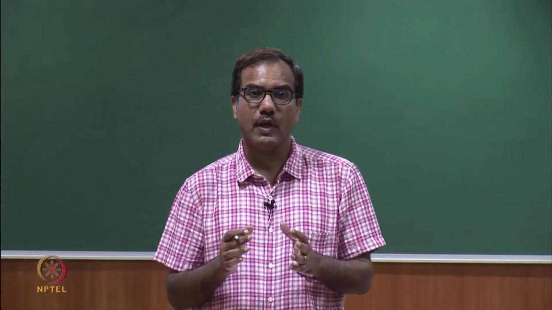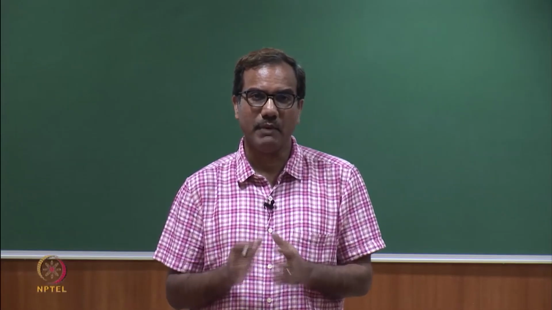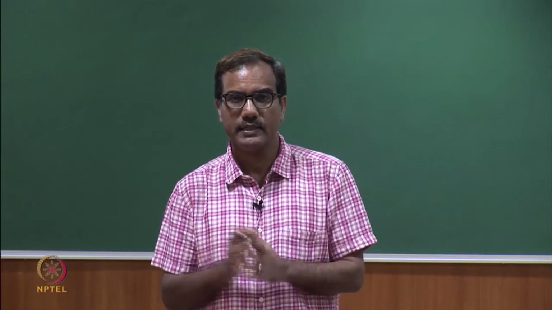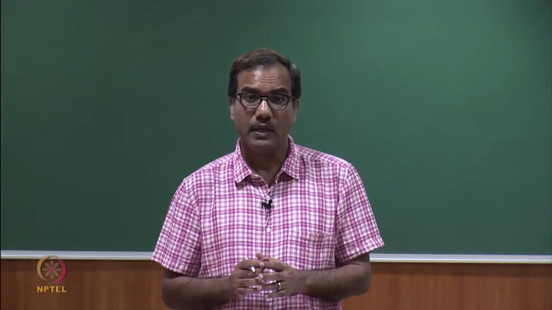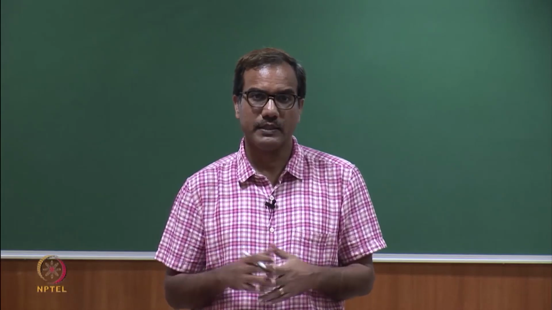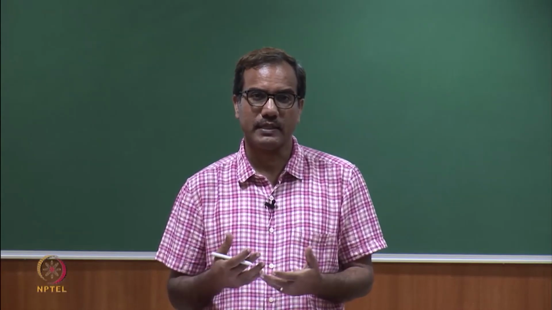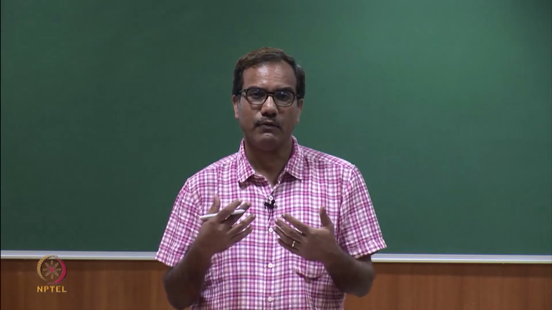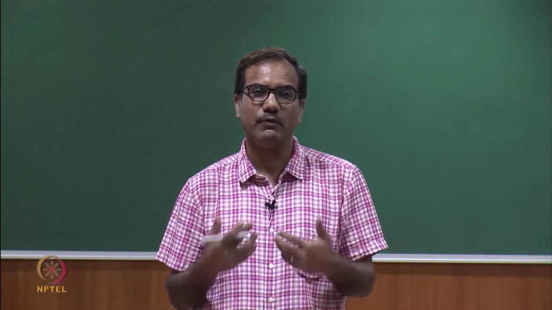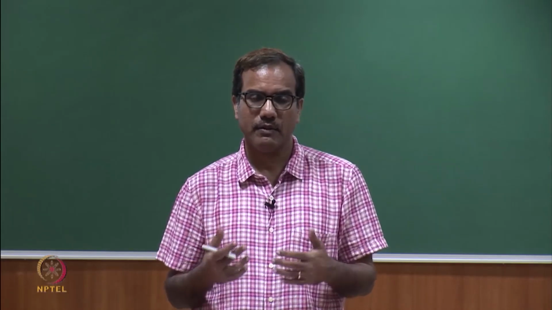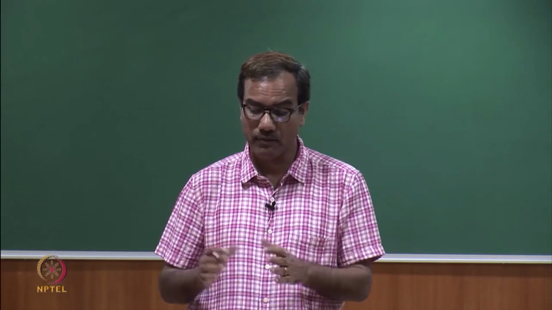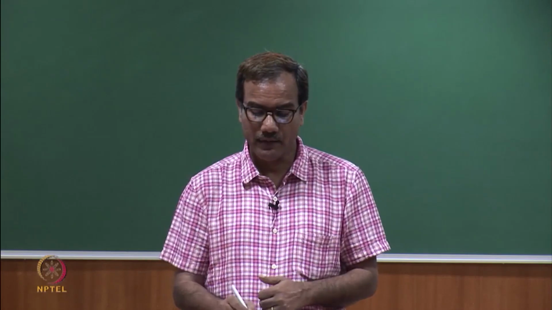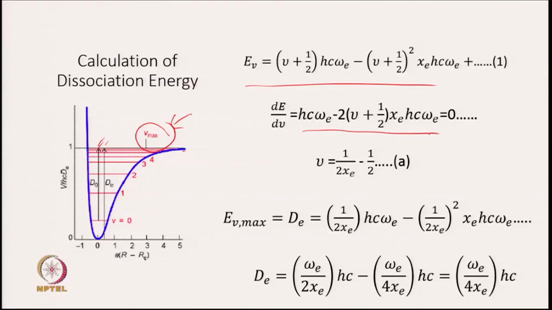Now, to calculate V max and the corresponding energy, we will simply differentiate this energy term with respect to V. We expect that this will give the value of V where the energy is maximum. When you differentiate equation 1 with respect to V, you get h c omega_e minus 2 (V plus half) x_e h c omega_e.